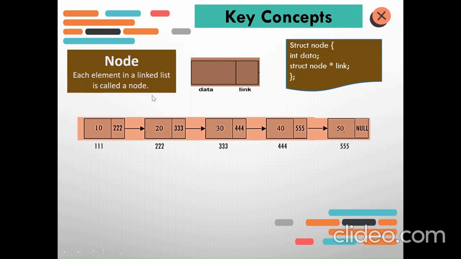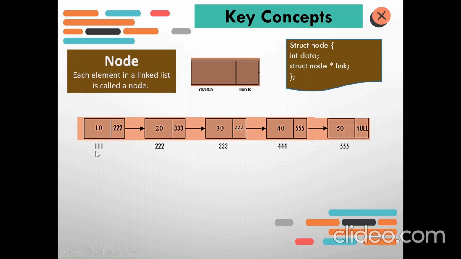So a linked list, as you can see here, so this is a node, this is a node, this is a node, and this is a node, and this is also a node, right? So here is the data part 10, 20, 30, 40, and 50, and this is the link part. So I have assigned some hypothetical addresses to each node.